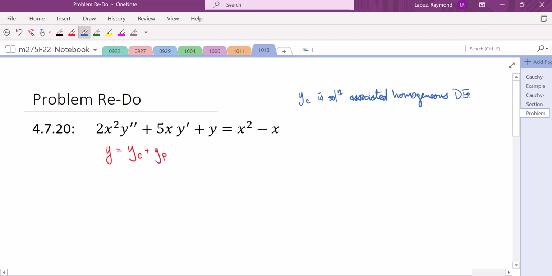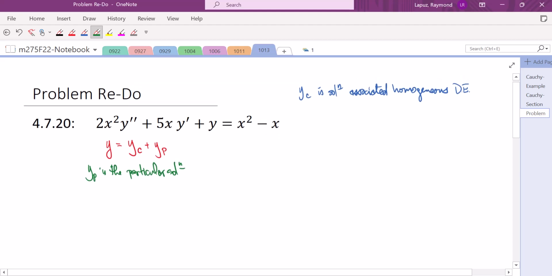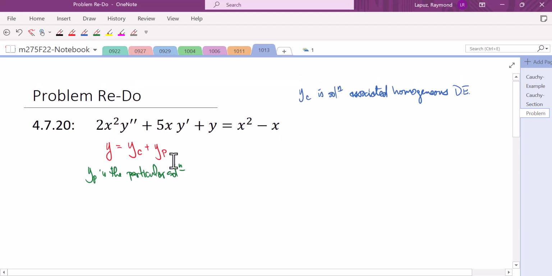So that's the general solution, and we will see that y sub p is going to be the particular solution. And that particular solution, well, we'll take a look at what that particular solution would look like. First, let's deal with the associated homogeneous differential equation.